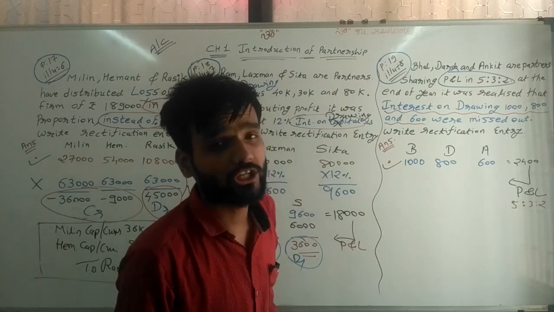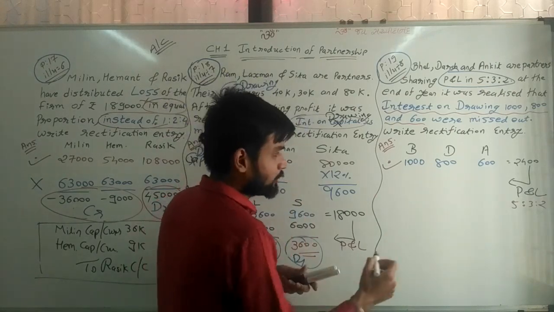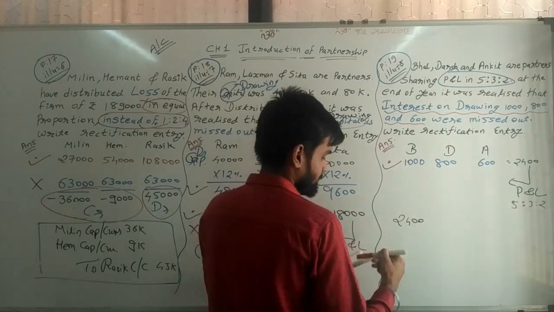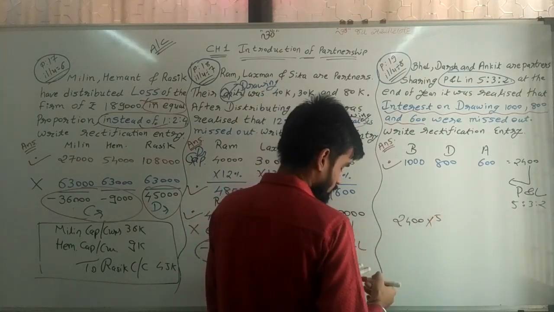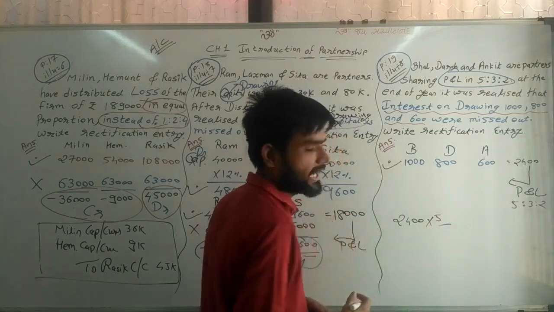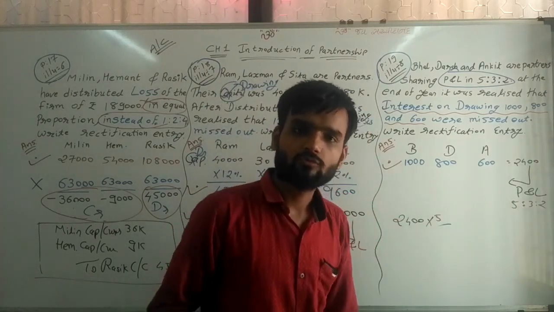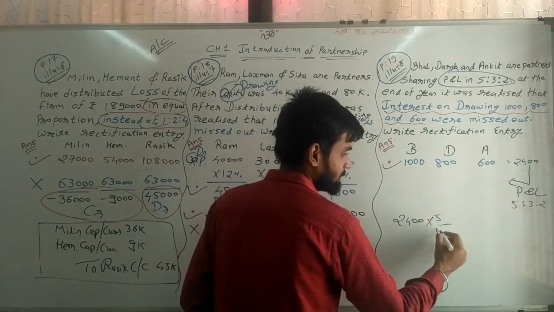Now again calculation requires. Calculate. We need to distribute 2400. 2400 into 5 divide by. Now total of this, 5 plus 3 is 8, 8 plus 2 so 10. So divide by 10.